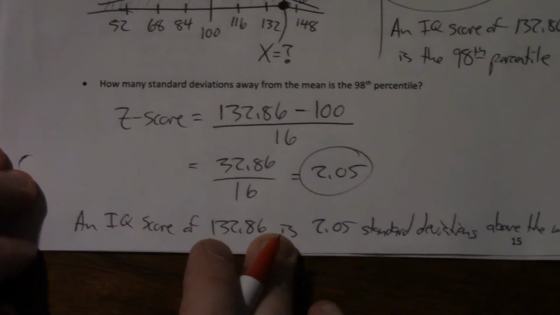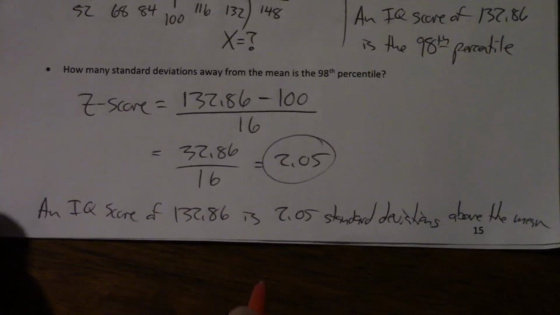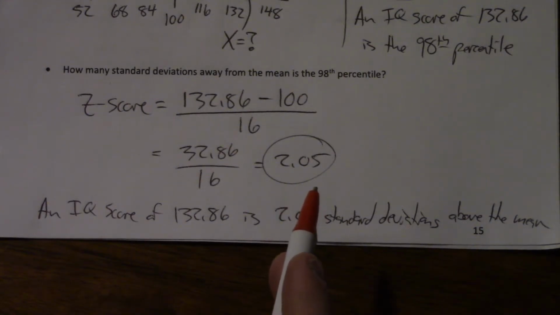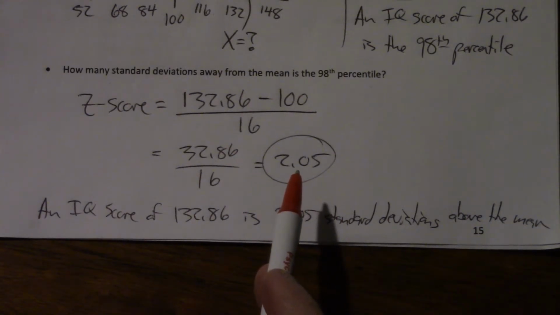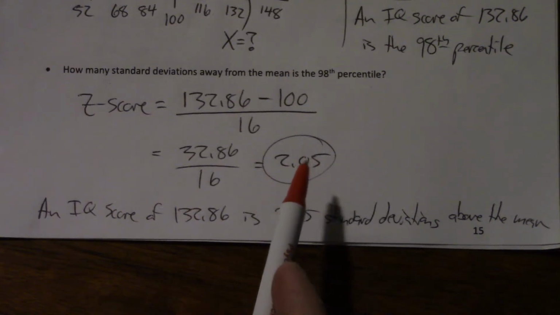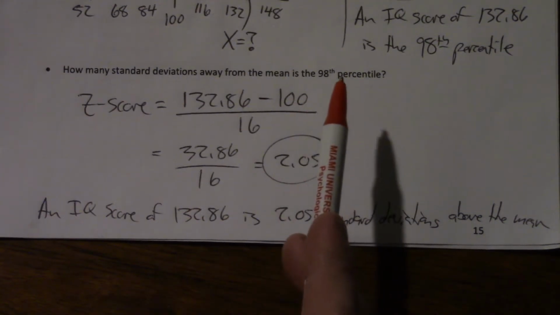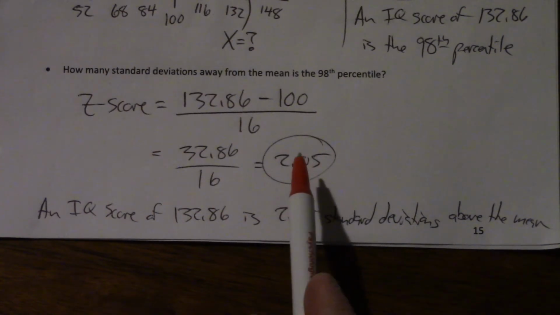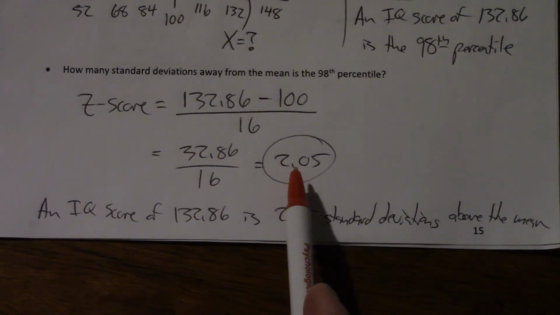Okay. So 98th percentile seems really high. It is pretty high. But in terms of standard deviations, it's only a little more than 2 standard deviations above the mean. So the 98th percentile is not an unusually large, or unusually high rather, IQ score. There's nothing unusual about it in the sense of our rough rule of thumb for z-scores.